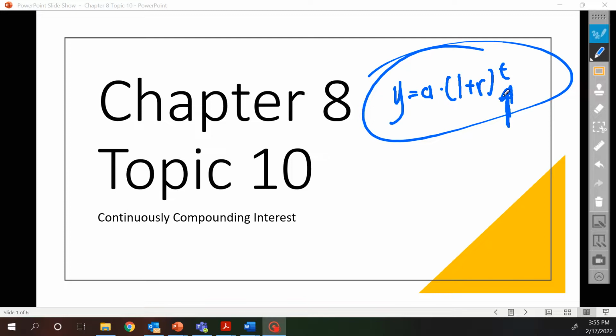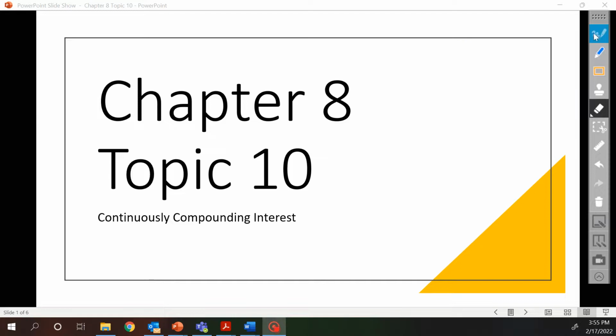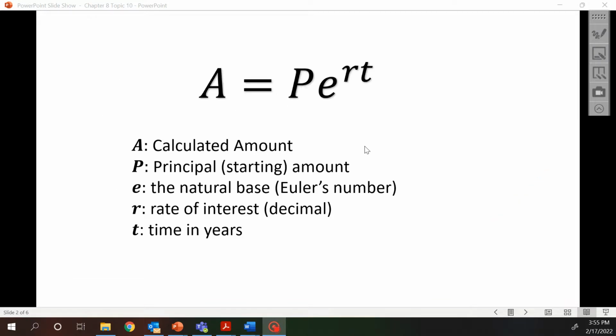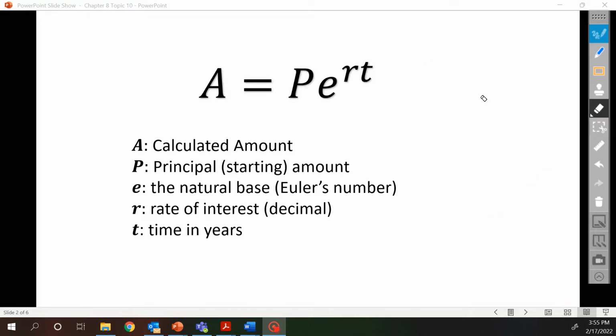It happens continuously. Most growth is happening all the time. So we have to have a formula that describes growth that's happening all the time, continuous growth. And that's our formula here, A equals P times e to the RT power.